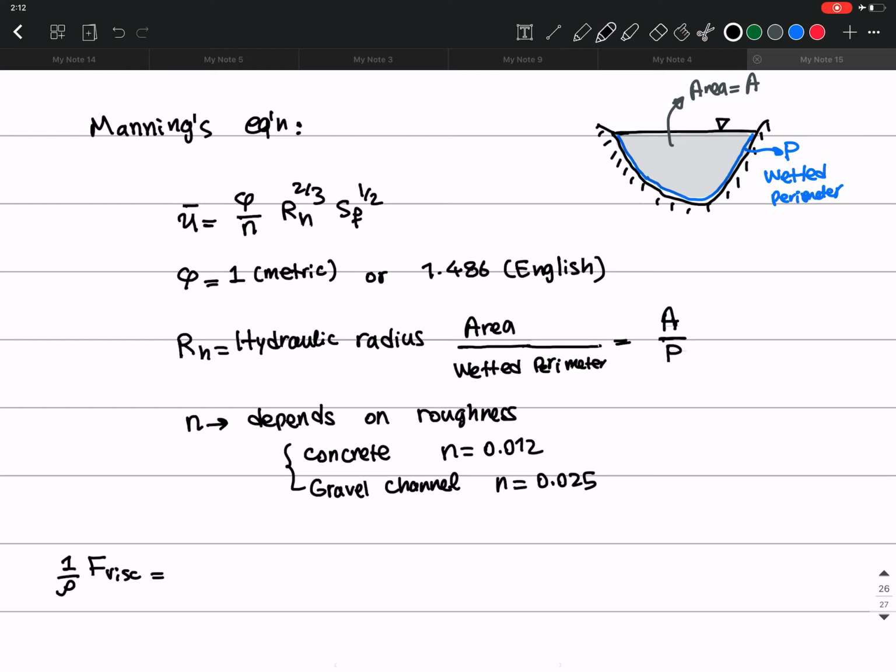In terms of shear stress, this is going to be minus tau times P, which is the wetted perimeter, over density rho times A times H. Okay, so this is going to be the formula, and this is just wall shear stress.